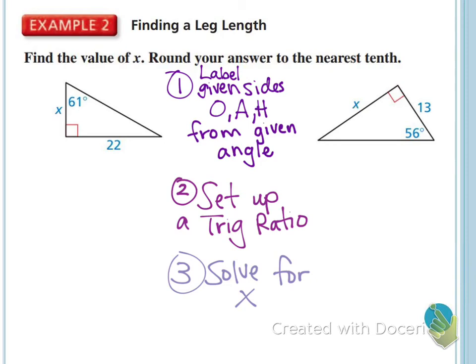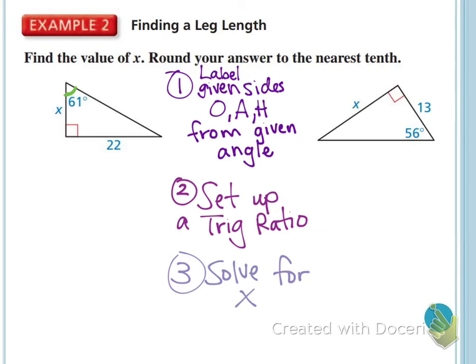And so here's why you're going to use a trig ratio. You are given the measure of an angle, 61. You're given the measure of a side, 22. Can I plug an angle into the Pythagorean theorem? No, I can't. So I need to use a trig ratio. To figure out which one, step 1 says to label the given sides as opposite, adjacent, and hypotenuse from the given angle. So what angle did they give us in this first question? 61.